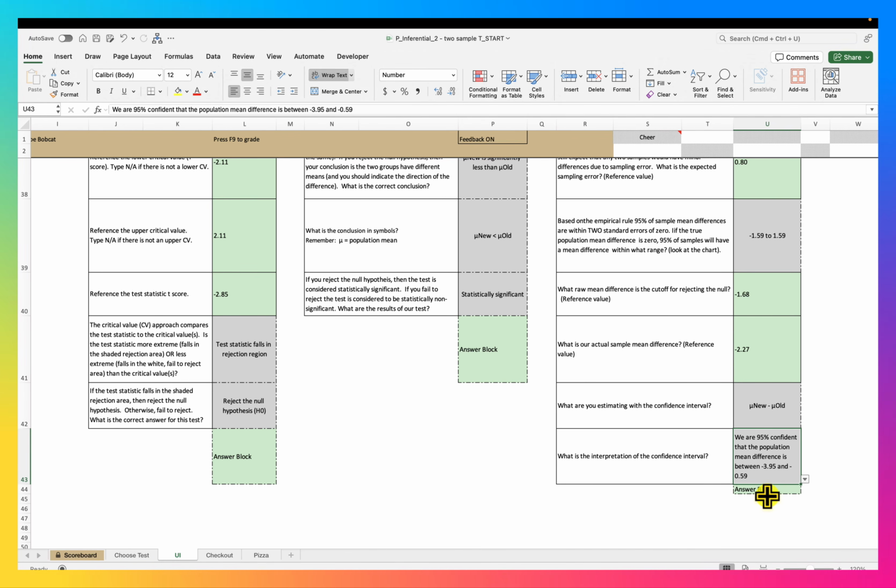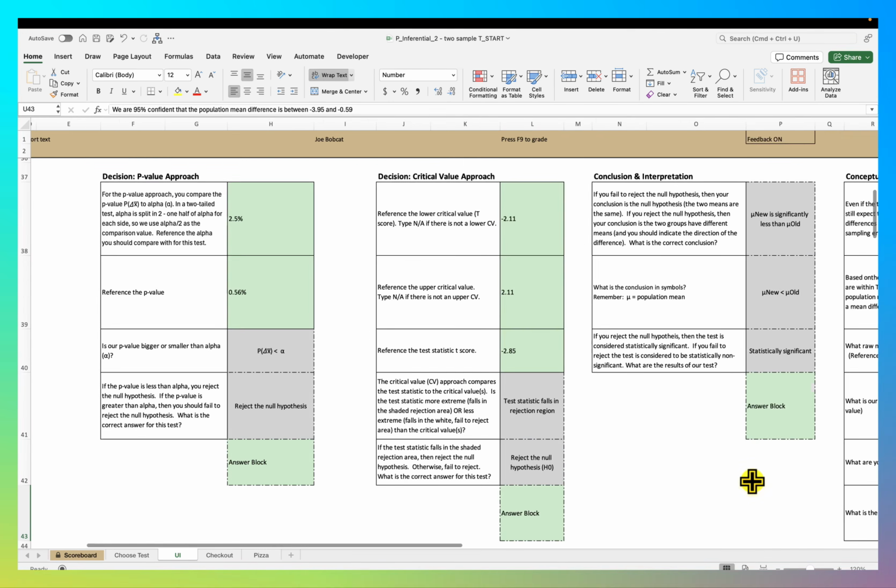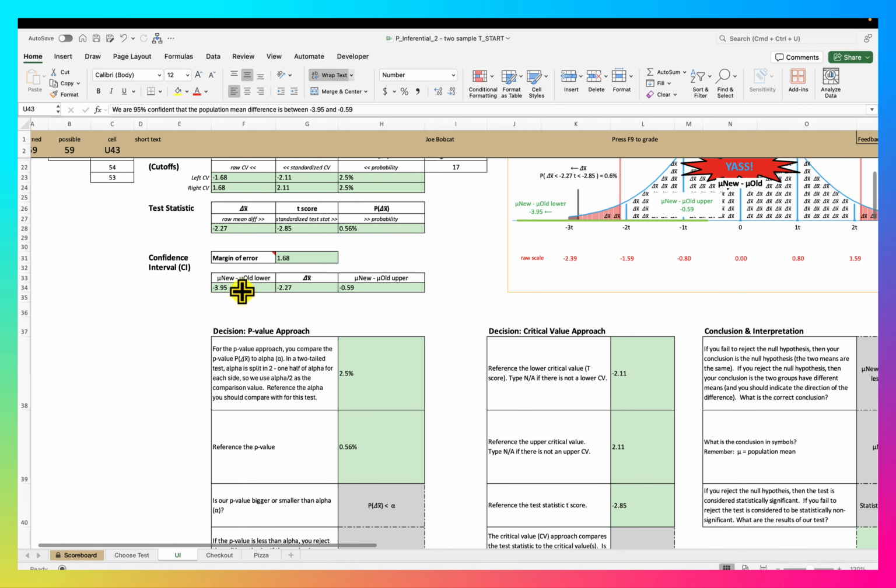It's going to be that we are 95% confident that the population mean difference is between -3.95 and 0.59.